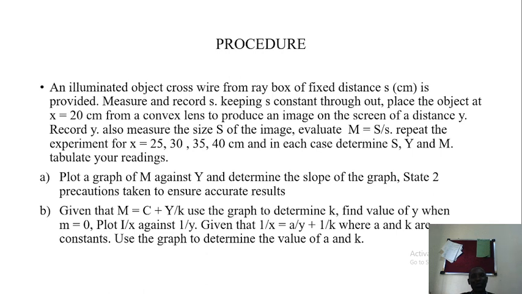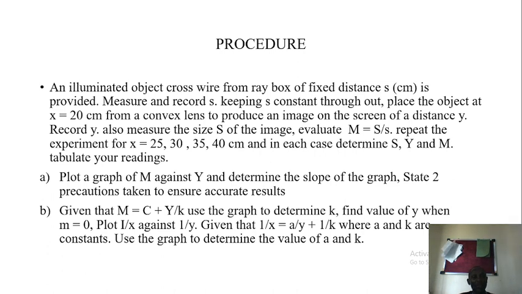You are also required to determine your capital S, which is measured with the help of a meter rule, where you have the sharp image on the screen is your Y, and then you determine M. What is M in this case? M is magnification, and magnification is a ratio of the image size over the object size, which in this case is represented with our small letter s, the opening on the ray box, and the opening again as the image is on the screen.